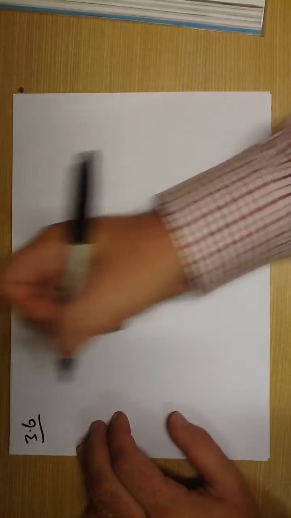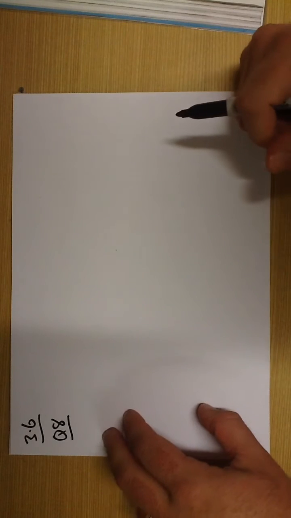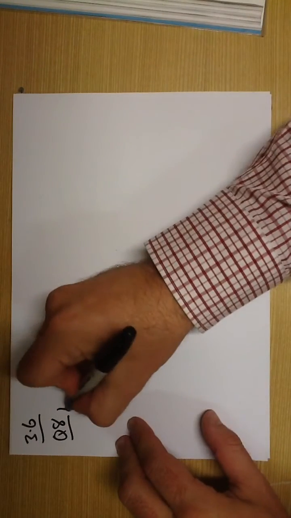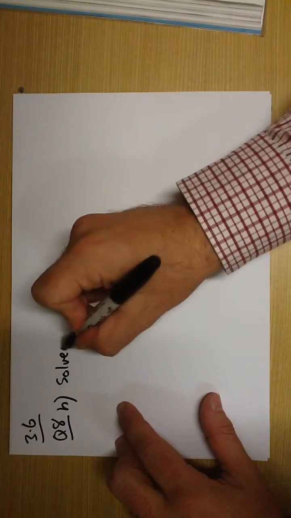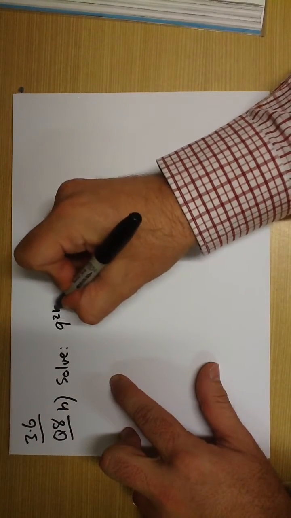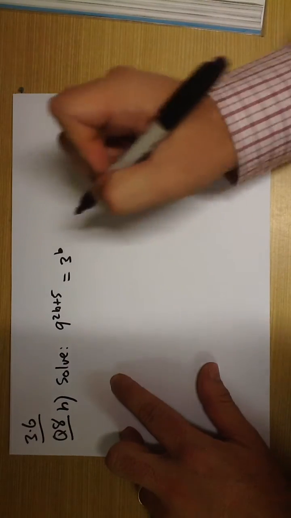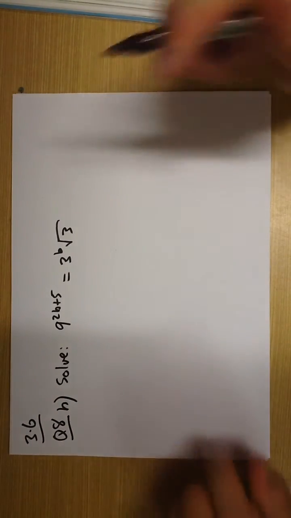Okay, this is 3.6, question 8, part H. H says solve 9 to the power of 2b plus 5 equals 3 to the power of b root 3. Okay, that looks pretty full on, so let's see how we go with this.